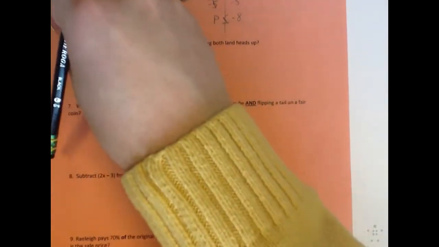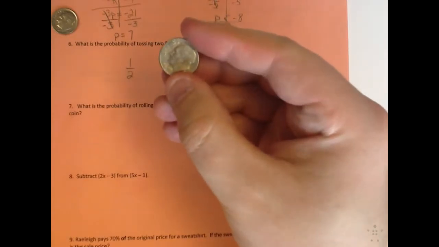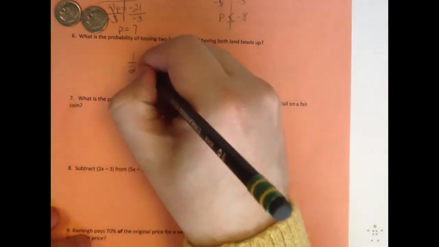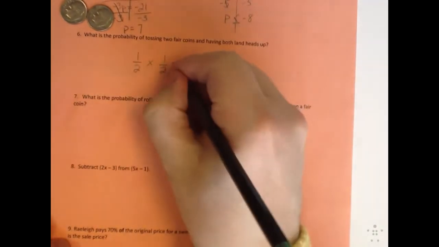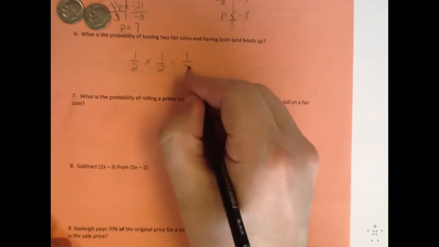Now I hit heads. Good. Now I have my second coin. Once again, I have 2 possible outcomes, a heads or a tails. I have 1 shot out of those 2 of hitting a heads. Also a 1/2. When you're determining probability, you want to multiply those 2 together. 1 times 1 equals 1. 2 times 2 equals 4.